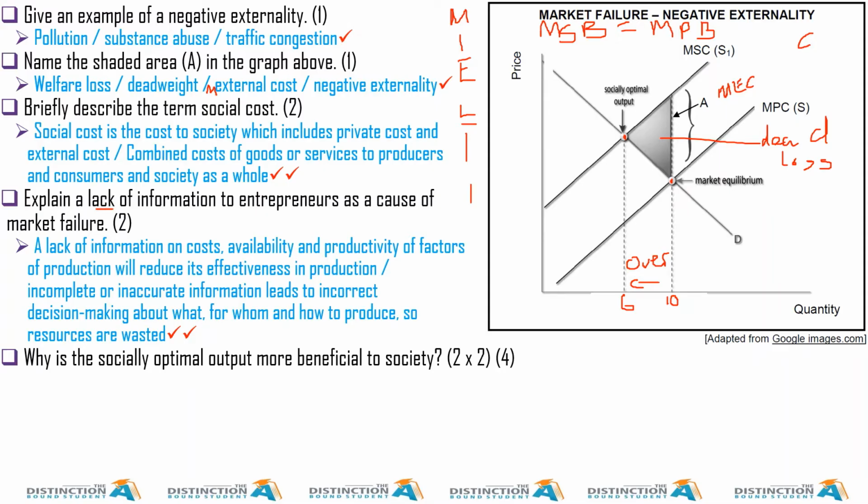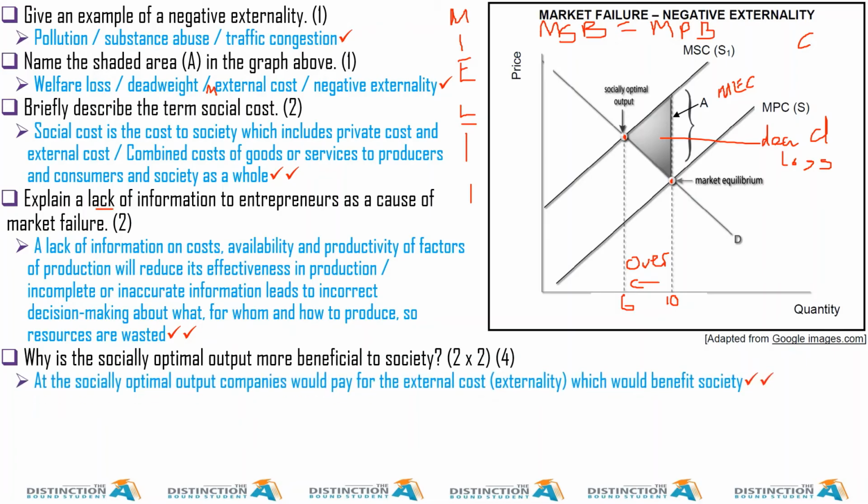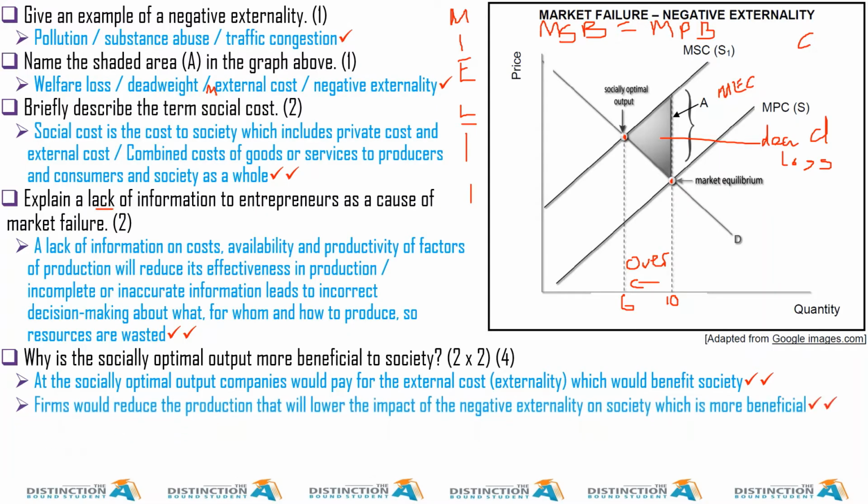Right, what is the socially optimum level, socially optimum output more beneficial to society? At a socially optimum output, companies would pay for the external cost, which would benefit the society. Firms would reduce the production that will lower the impact of the negative externality on society, which is more beneficial.